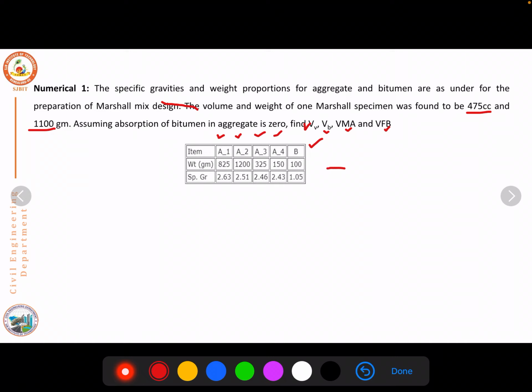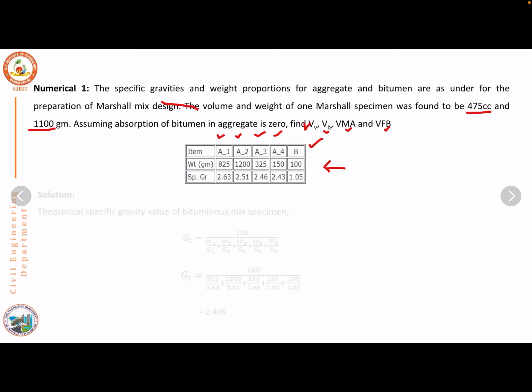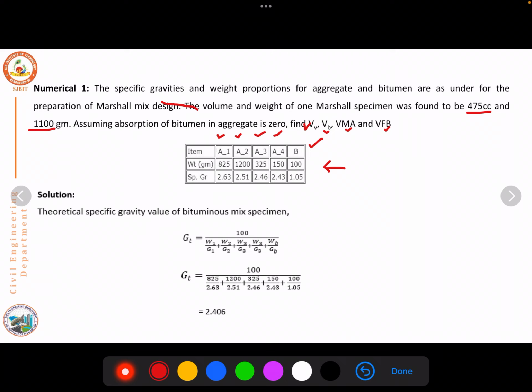So as the first step, before moving to determination of the volumetrics, we need to determine the theoretical specific gravity and the bulk specific gravity of the mix. The theoretical specific gravity value of the bituminous mix can be determined using the expression 100 divided by the sum of the ratio of weight divided by specific gravity of all the materials used in the preparation of the bituminous mix.